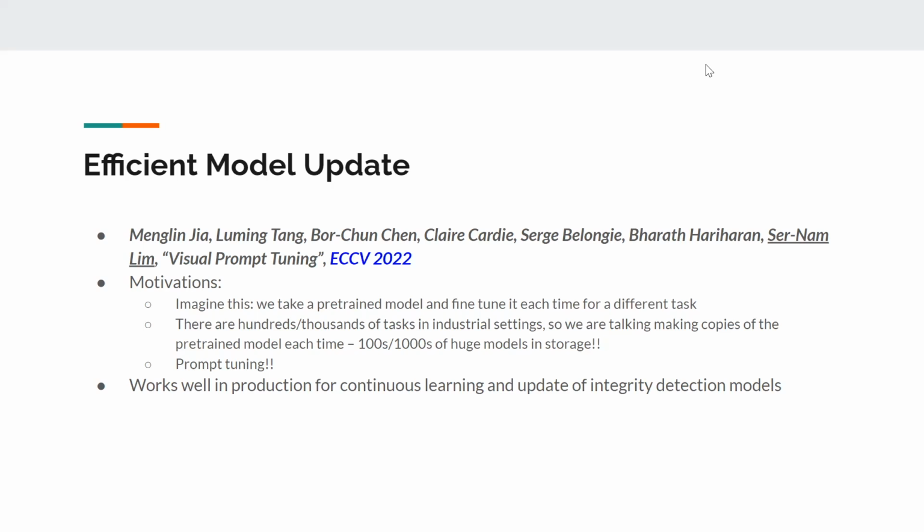And a lot of the time, practitioners would still take this large model, and they have a task. Let's say their task is to do recommendation, search engines, or integrity detection and things like that. They'll take all these models, and then they'll fine tune on top of these models, and then they'll store their models.